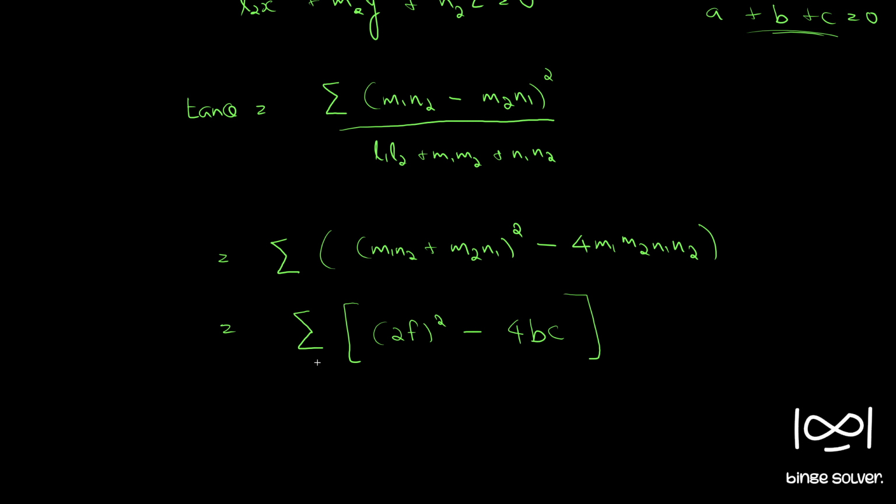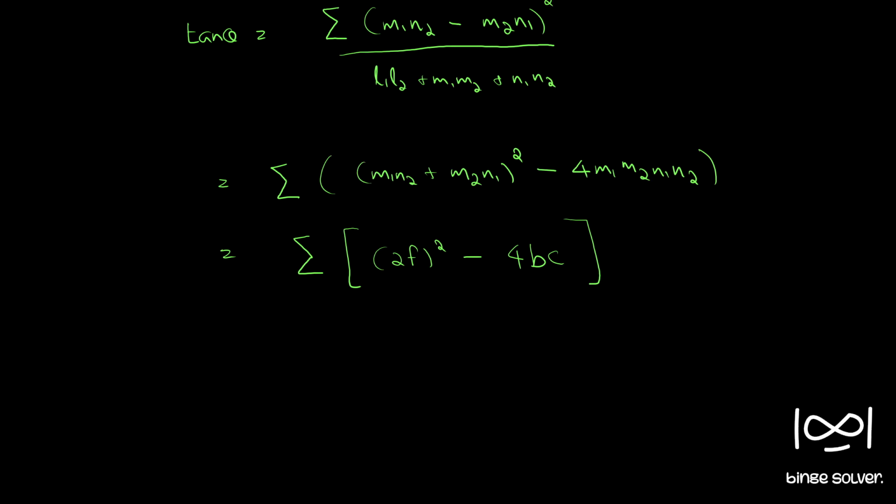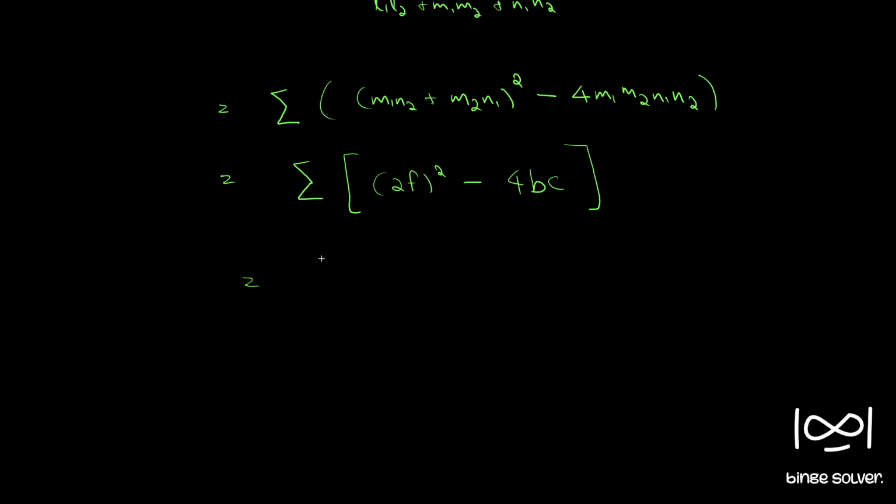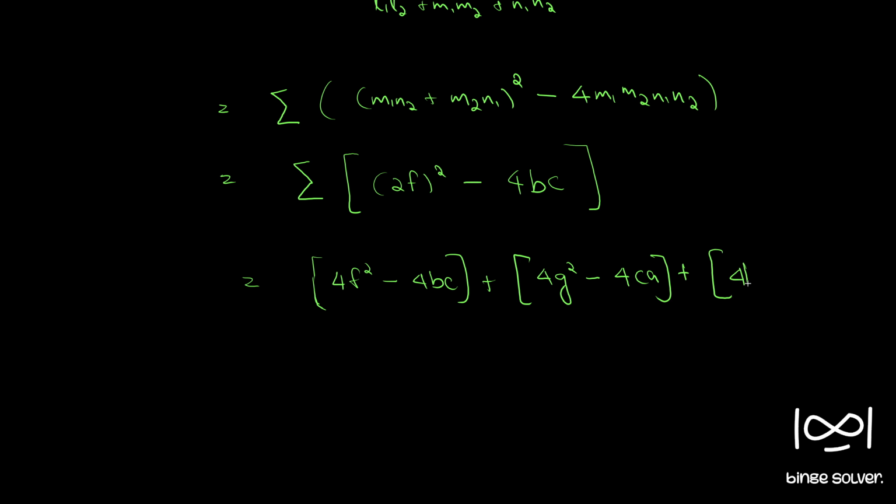Now since this is a symmetric equation, we can expand this as something like this: 2f the whole square minus 4bc, so 4f square minus 4bc, plus 4g square minus 4ca, plus 4h square minus 4ab.